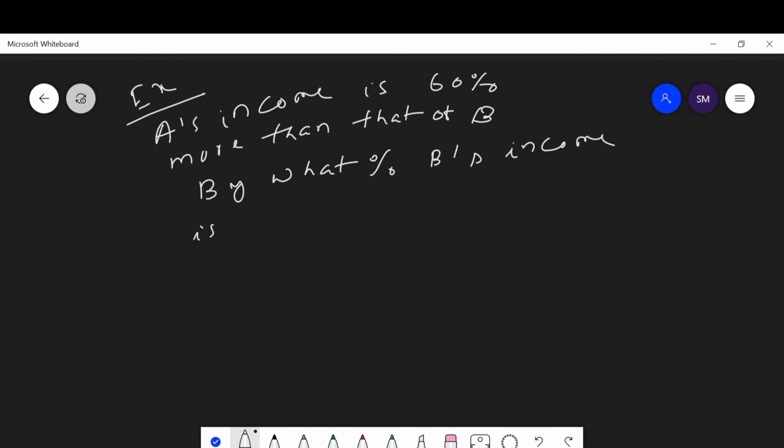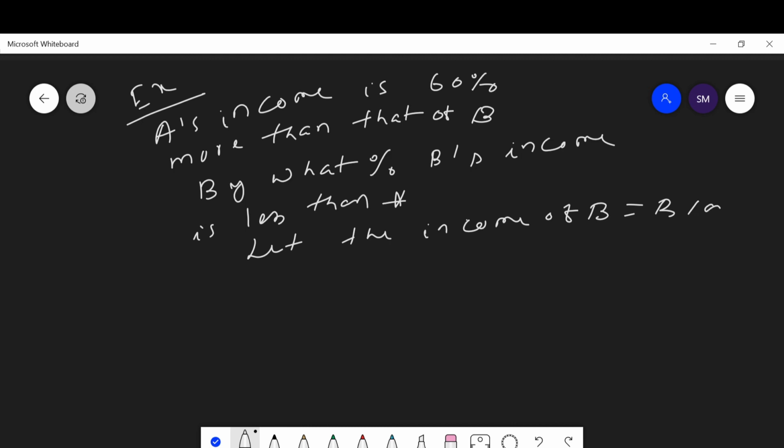Let the income of B be rupees 100. Then A's income is 60% more.